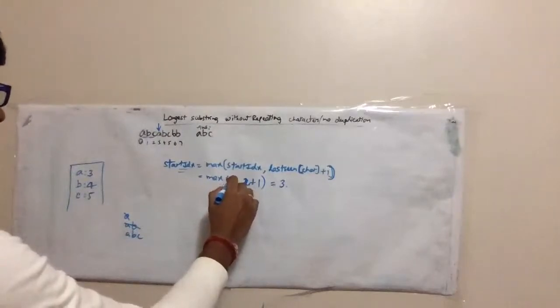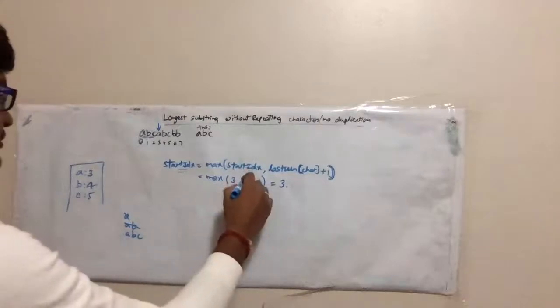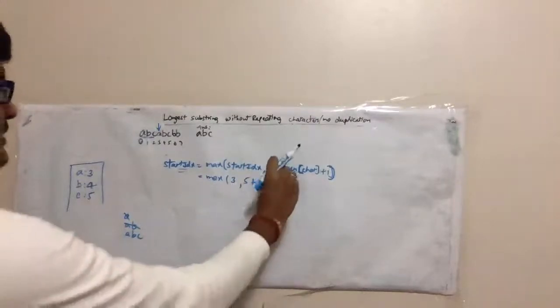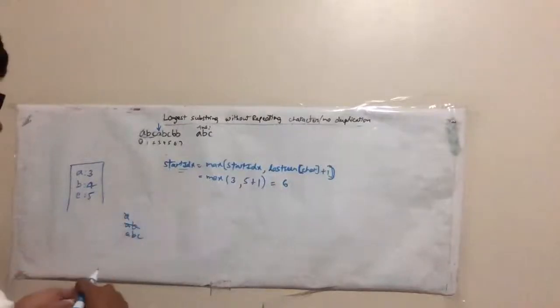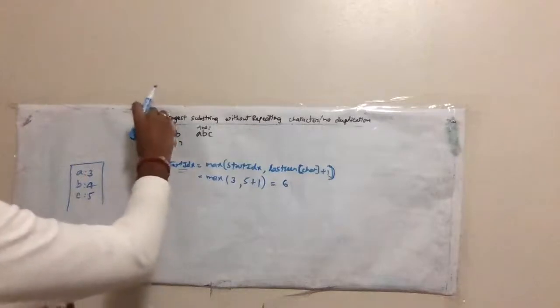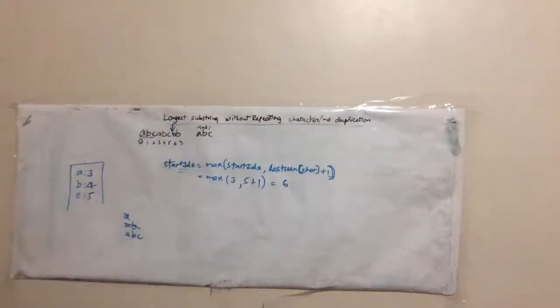The current start index is 3. The last seen index for B is 5. 5 plus 1 is 6. The 6 is bigger. So start the index with 6.